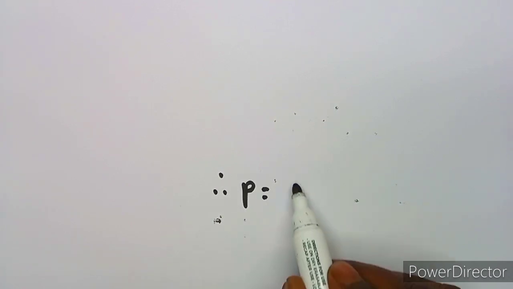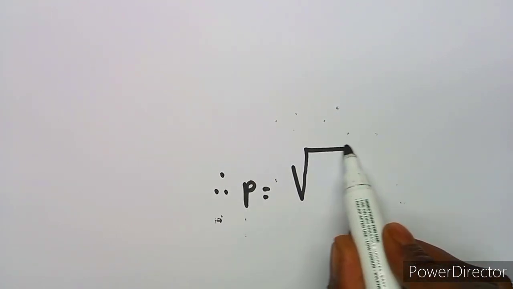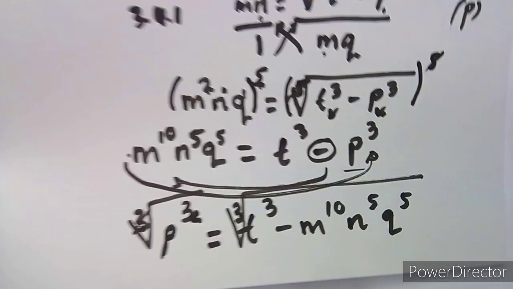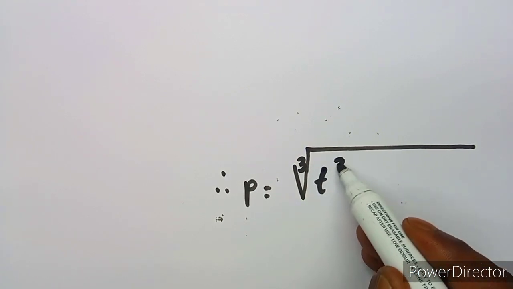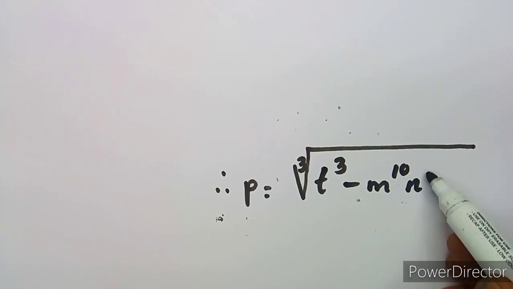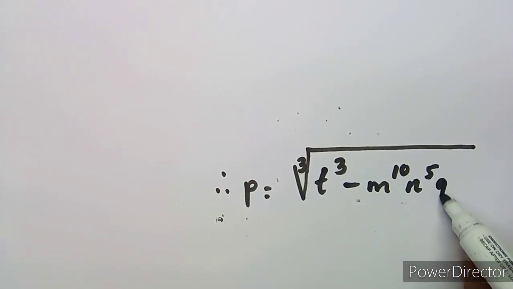So therefore p is going to be the cube root of everything there, which is the cube root of all this part. There is a 3 inside there, so it's the cube root of t to the exponent of 3 minus m to the exponent of 10, n to the exponent of 5, q to the exponent of 5.